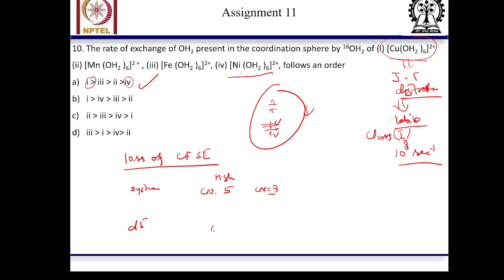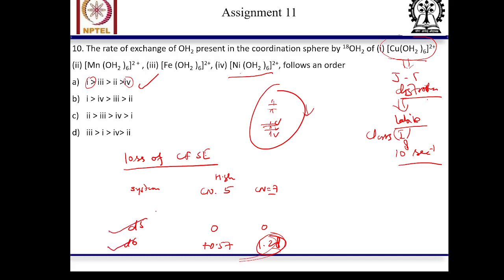If we go to coordination number 5, it will be 0. If you go to coordination number 7 also, it will be 0. For d6, we have plus 0.7 and we have 1.28. Now here in this case, there is no loss in CFSE. That's why d6 will be more labile compared to d5.